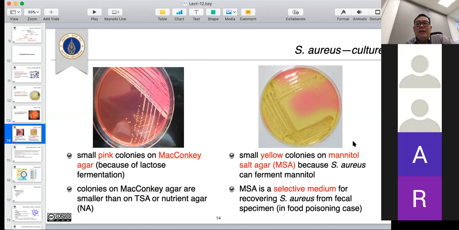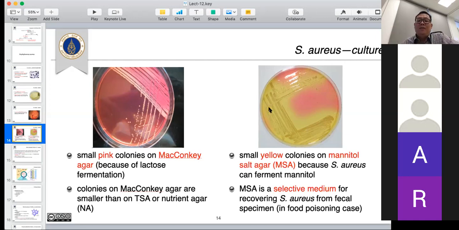Okay, this is another medium called mannitol salt agar, MSA. Basically mannitol salt agar show the yellowish color, but Staph aureus show up yellow on the yellowish color. Everywhere Staph aureus grow, they produce acid. They metabolize mannitol.